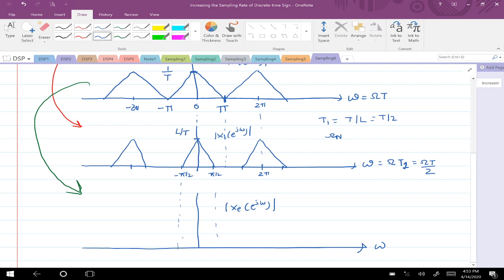So what would I get out of that? Well, if I apply scaling here, that would give me, for example, this would be pi by 2, minus pi by 2. Notice that that will also bring me the second copy which is there. So the whole omega axis you divided by 2.